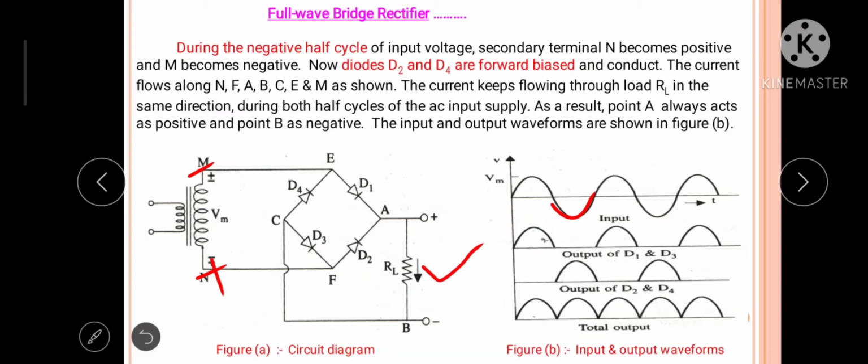Here I would like to mention that even during this negative half cycle, the direction of flow of current through load resistance is same as in the last case, that means from point A to point B. During this negative half cycle, diodes D2 and D4 conduct and we get output voltage across the load RL.